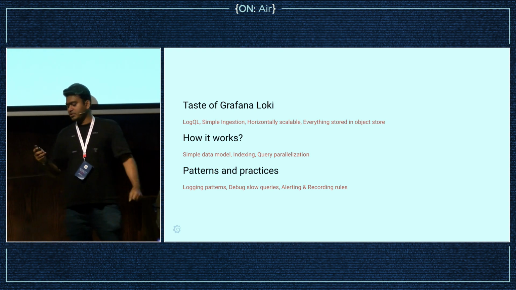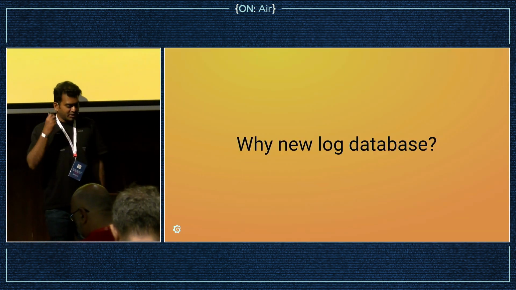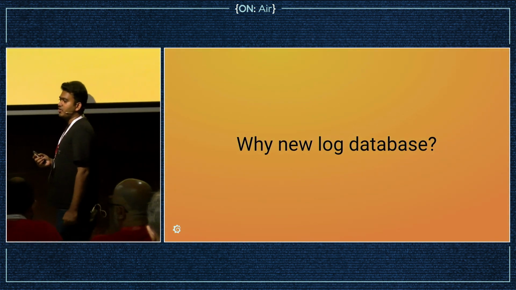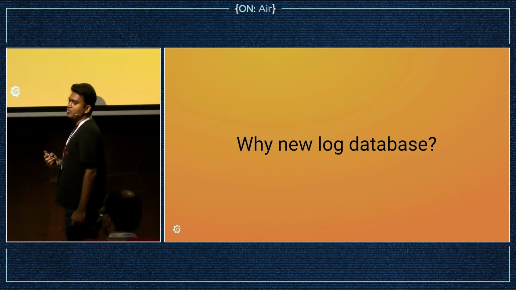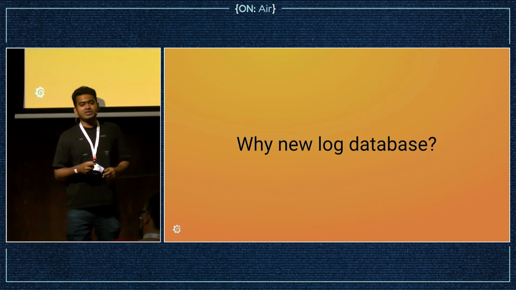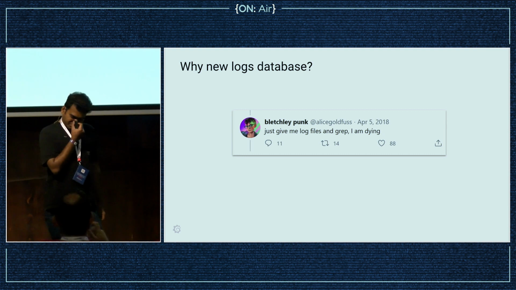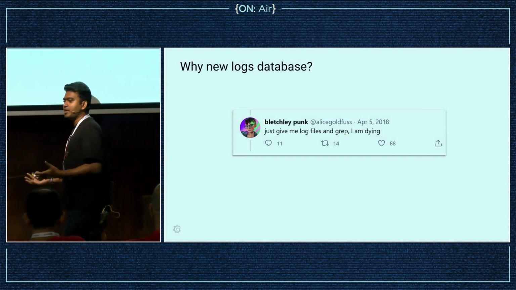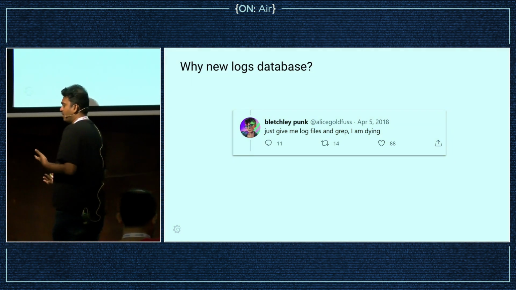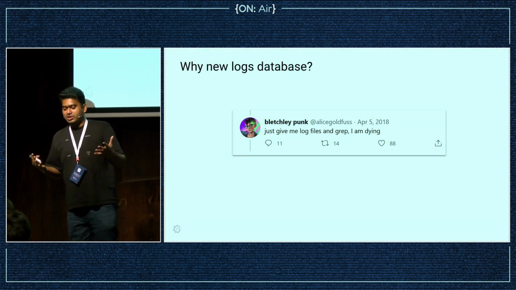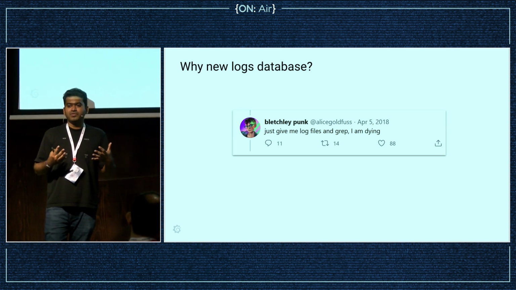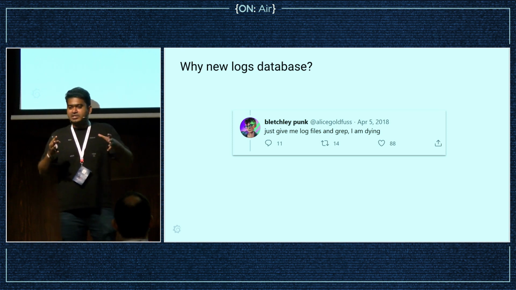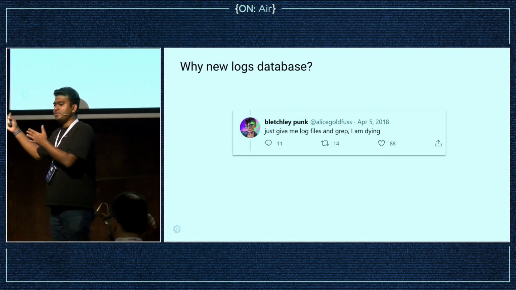That's the goal today. All right, so why do we even need a new logs database, right? Probably everyone here has already been using something, right? So why do we even care? Why do we even need a new database? The goal is to have a simple tool that works at scale. As a developer, what I mean by that is two things. One, as developers we are familiar with Unix-based tools: you start with some basic search, then you pipe with multiple filters as you go.